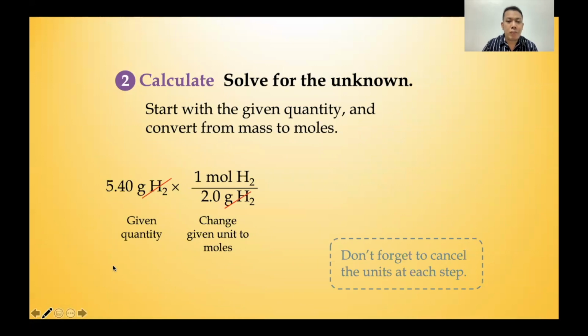Okay, so the next step is to solve for the unknown. Start with the given quantity and convert from mass to mole. The given quantity is the mass of hydrogen, so change the given unit to mole. Again, this is the molar mass of hydrogen, so that you can get the mole of hydrogen: 5.40 divided by 2.